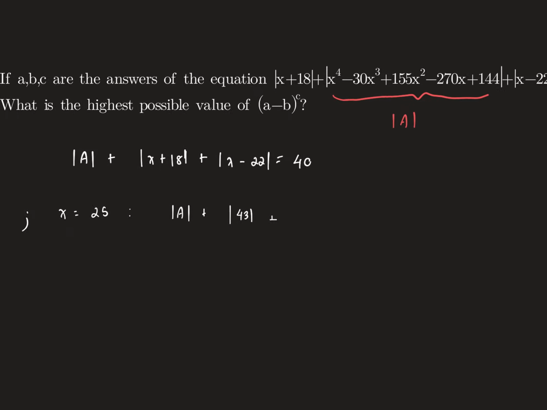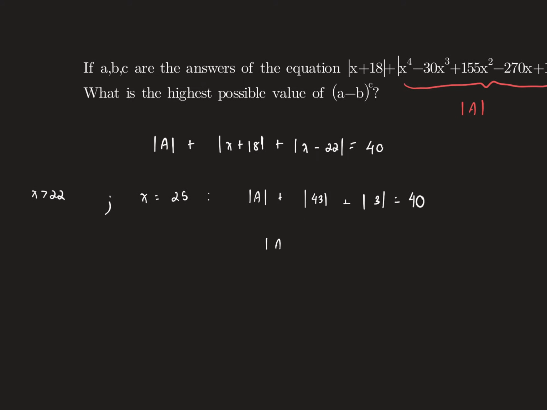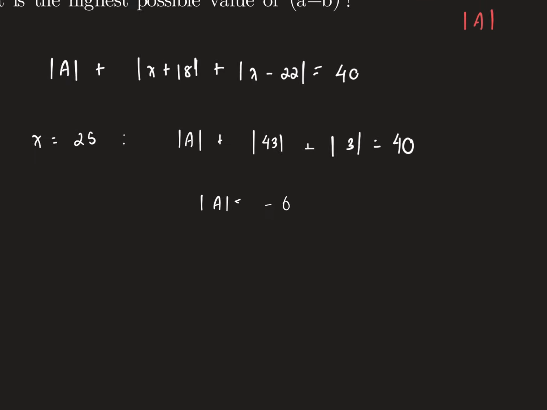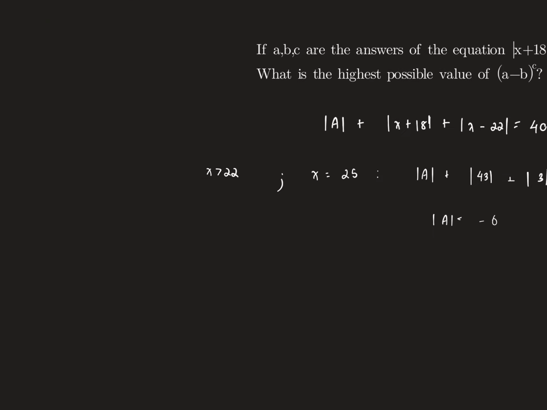And plus absolute of 25 minus 22, which is 3. And the right side is still 40. So here, absolute a will be negative 6. In this case, this is impossible since an absolute value must be greater or equal to 0. So if x is more than 22, it is impossible.